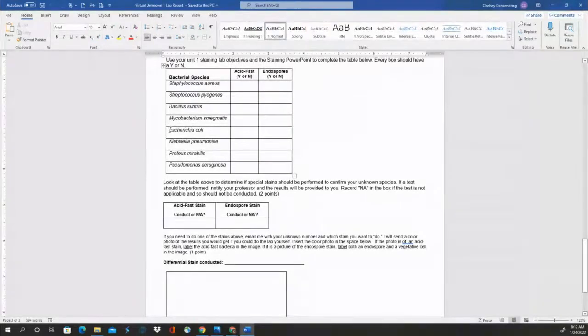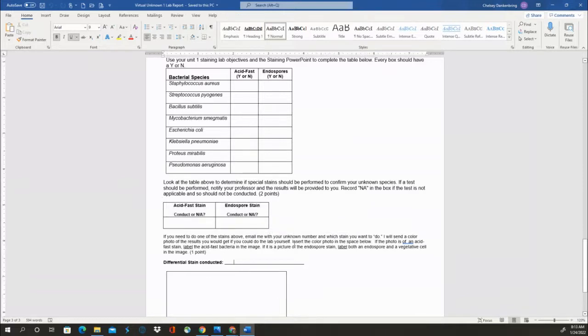We're going to pretend if you told me that E. coli gets the acid-fast stain and you think your unknown organism is E. coli, then you would come down here and you would write Y. Okay, but if you think you have Pseudomonas and it doesn't get the acid-fast stain, you would put N. Again, notice I'm telling you what your options are for this box, and you have to fill out every box on this report. All right, now, if your organism does not need either of these stains, that's perfectly fine.